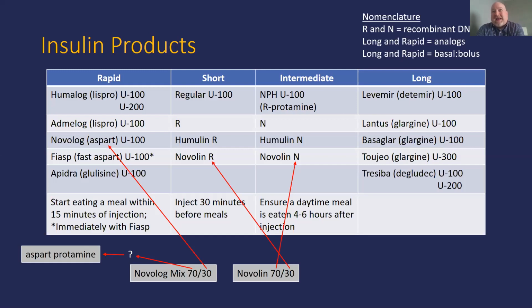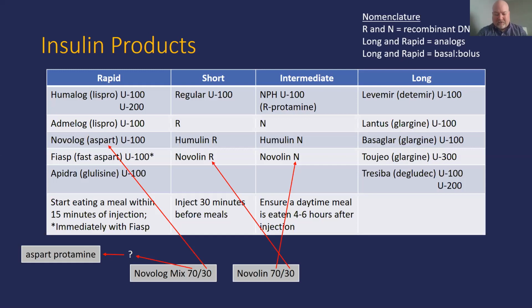If you stretch that out, it doesn't look the same as stretching out a regular insulin. It's not going to behave the same as NPH, but a lot of people believe that it does. So really, there might be a difference in how you use Novolog mix 70/30 or how you interpret blood sugar values versus using Novolin 70/30, the older product.